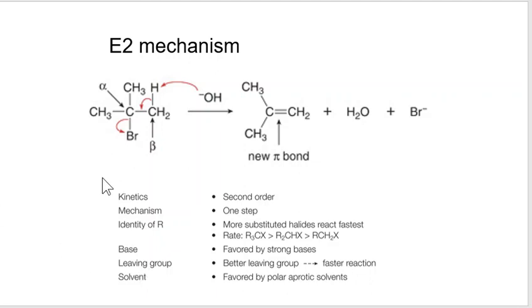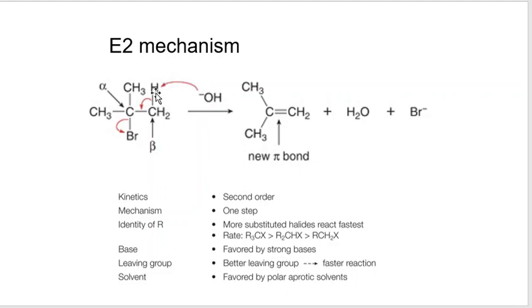So the reaction here occurs in one step, and we have the hydroxide. In this case, hydroxide is acting as a base, and we can tell because it's subtracting a proton from the starting material, our substrate. And so here are the electrons. The electrons are being shown to form a bond with the proton.